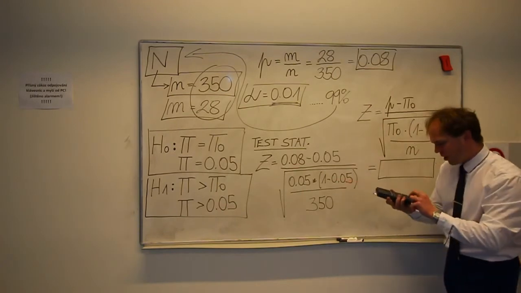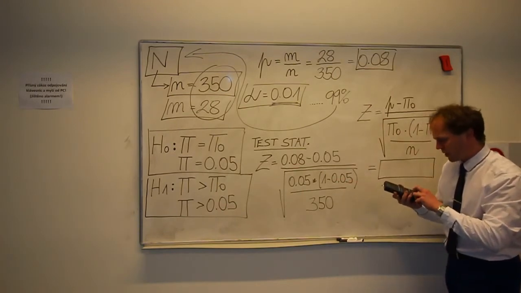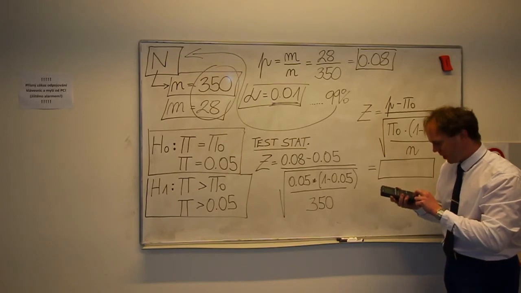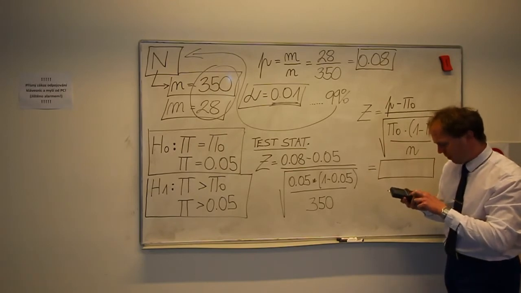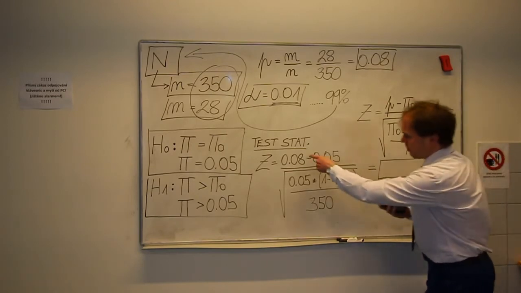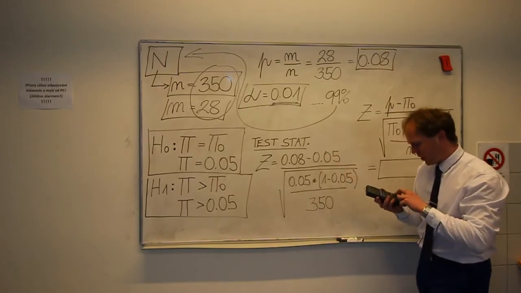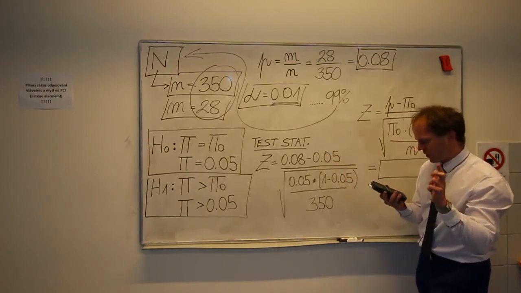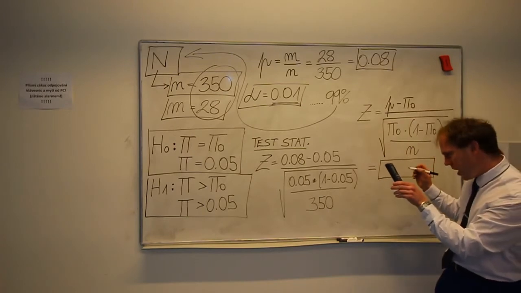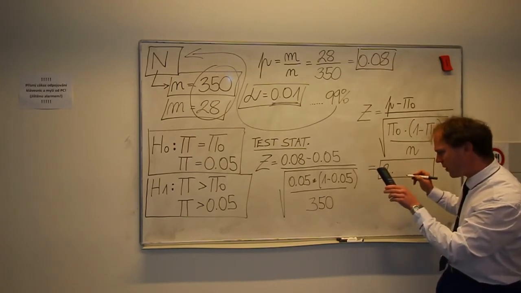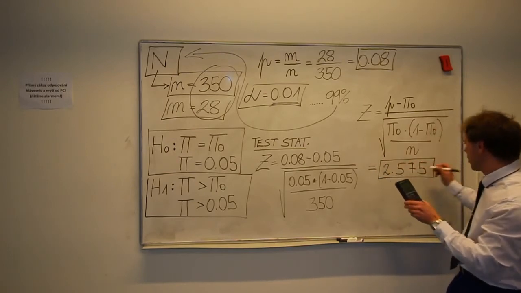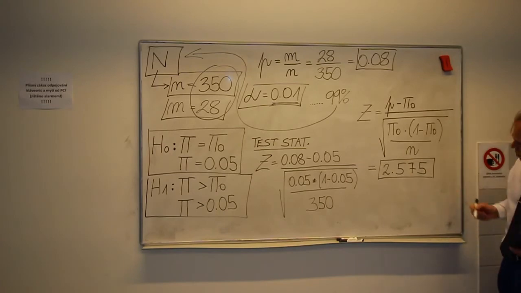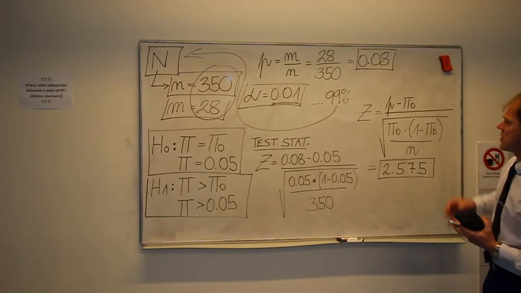I will start here: 1 minus 0.05, times 0.05, divided by 350. Square root of this value, and the numerator is 0.03 divided by this result. I have here 2.575575. So this is the value of the test statistic.